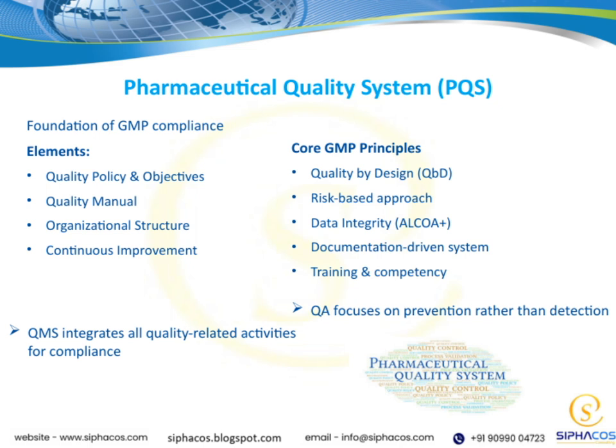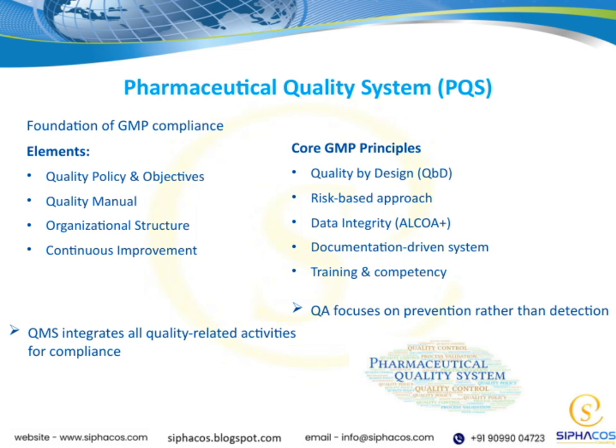Next, a risk-based approach is vital. It helps us identify potential problems early and prioritize actions based on their impact, which makes our quality efforts more efficient and effective. Data integrity, often summarized as ALCOA+, is another critical element.